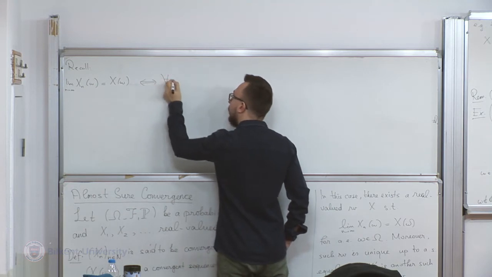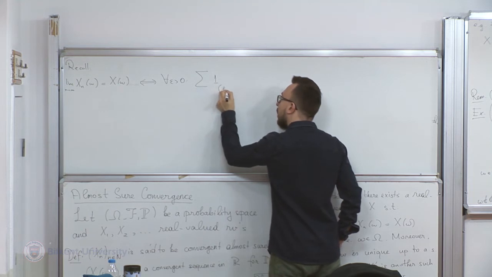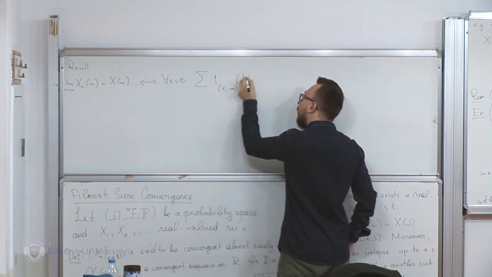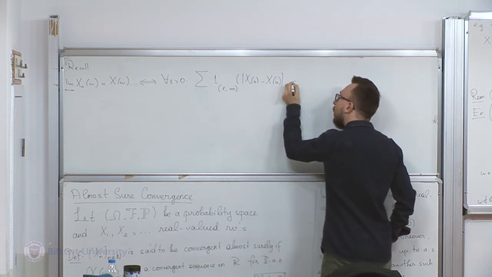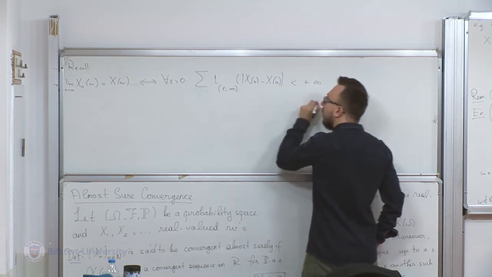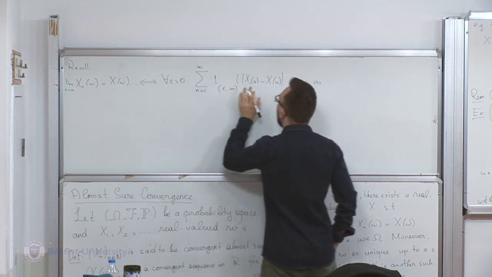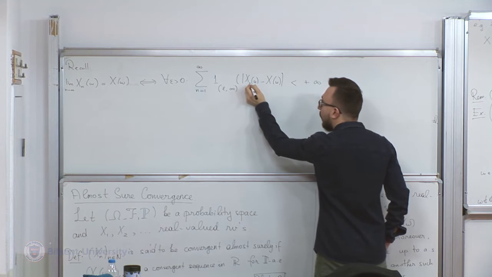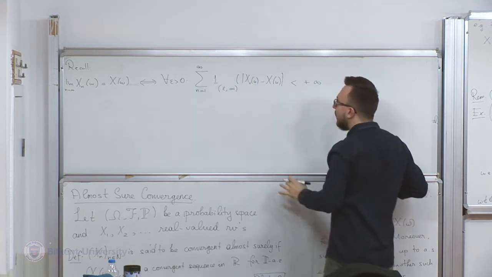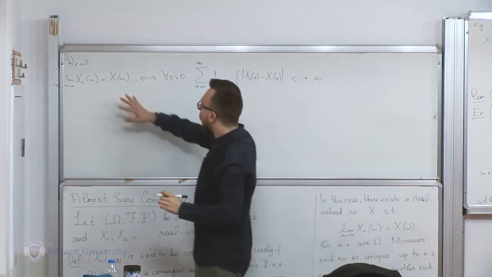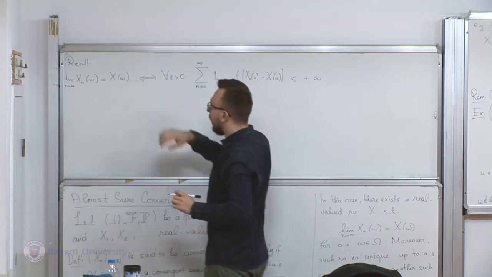For every epsilon, the sum of indicators of |X_n(omega) - X(omega)| > epsilon is finite. We just checked it in the first hour, right? For real sequences. Now we look at the random sequence omega by omega. So if we have convergence, then we have this. If we have this, then we have convergence for that omega.